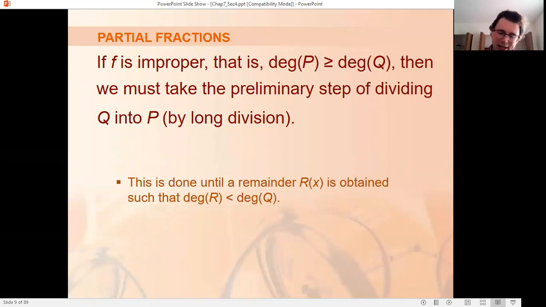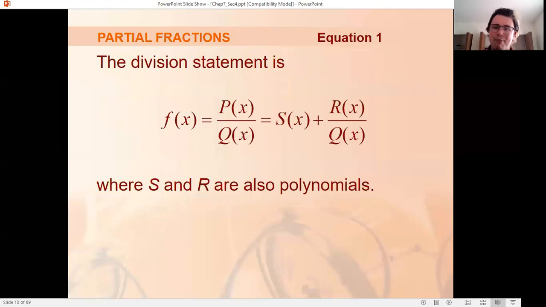So there's sort of a preparing step. And if you do the long division correctly, you'll get just a good old regular polynomial. They are wonderful to integrate, plus your new rational function, and we're calling this r of x divided by q of x.